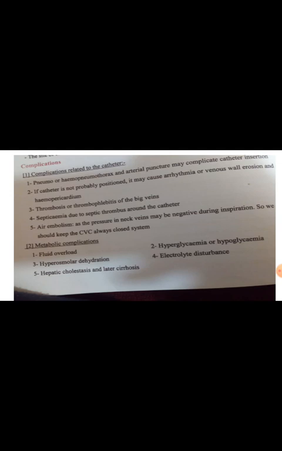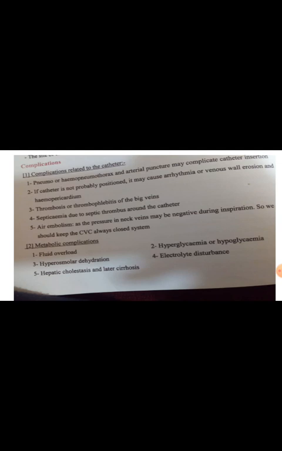So the catheter must be clamped all the time except at the time of taking the TPN. So the catheter complication is a major complication of TPN therapy: pneumothorax, infection at the catheter site, the catheter reaching the heart causing arrhythmia, and lastly air embolism, which is fatal.